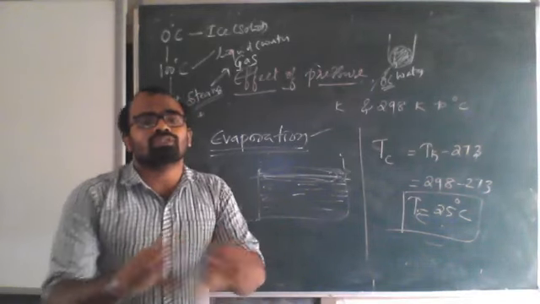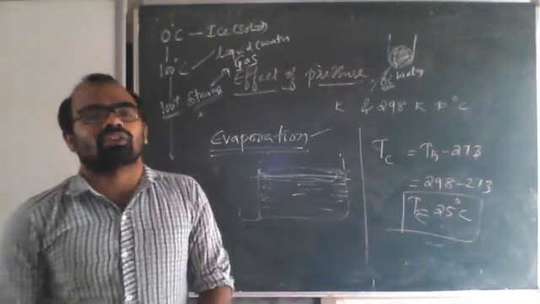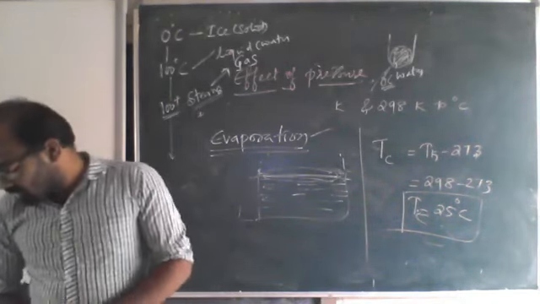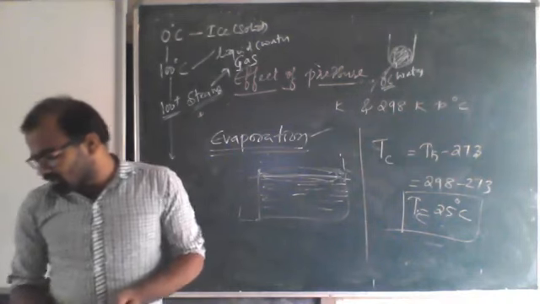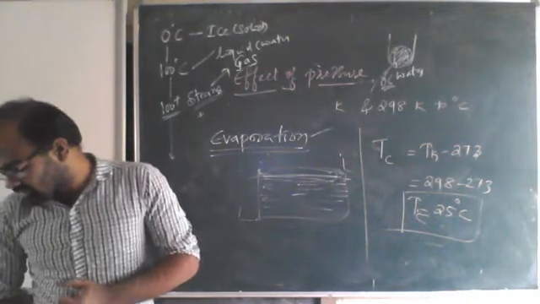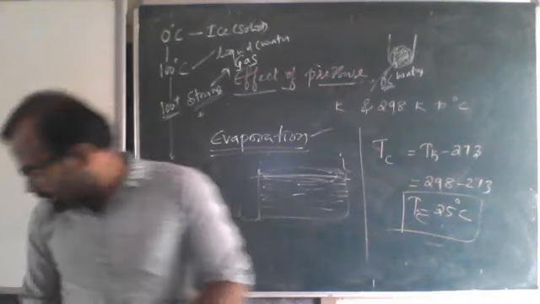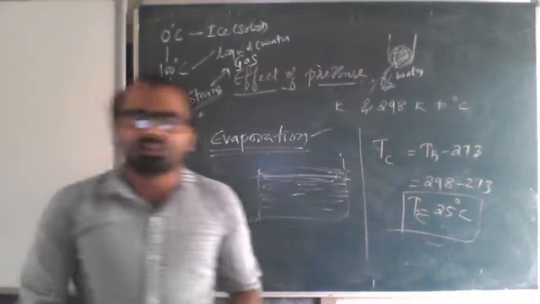So this process is called evaporation. Once again, it is the surface phenomenon in which particles from the surface gain enough energy to overcome the forces of attraction present in the liquid and change into the vapor state.